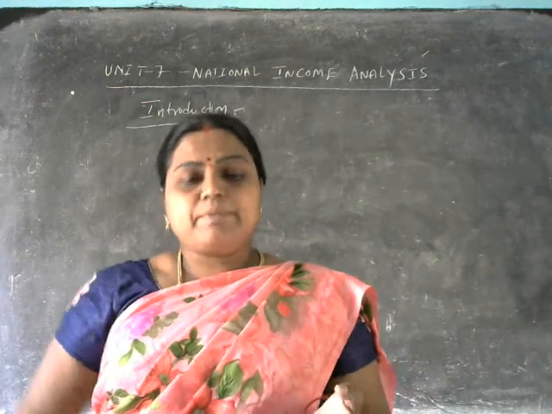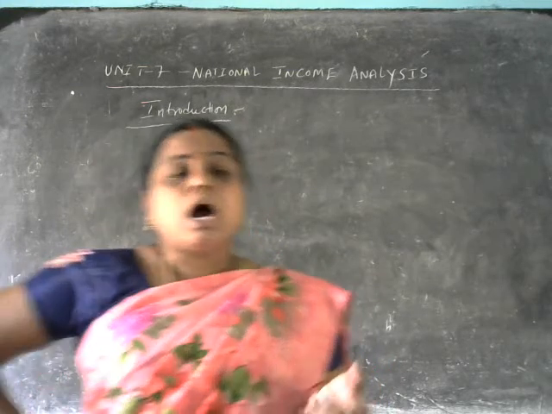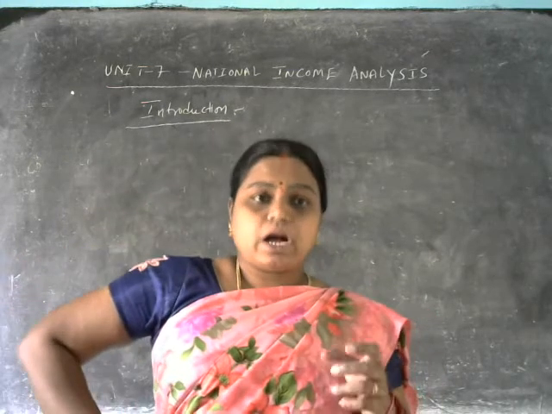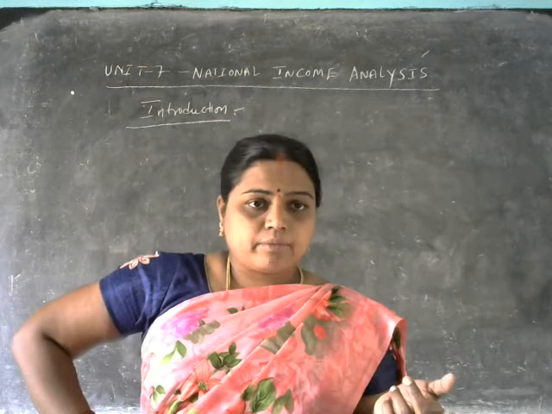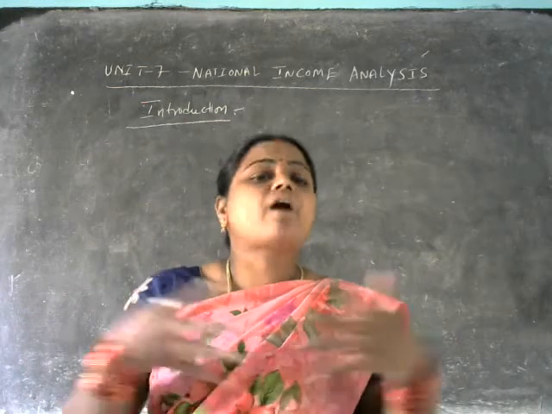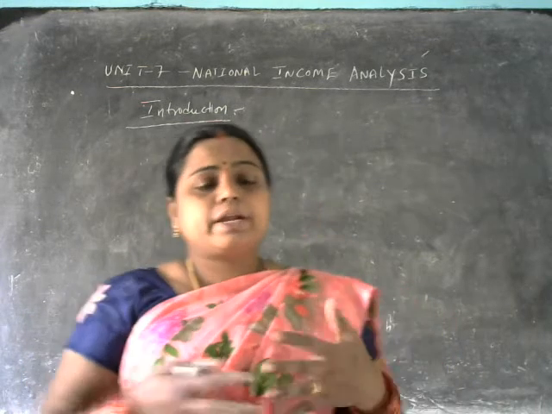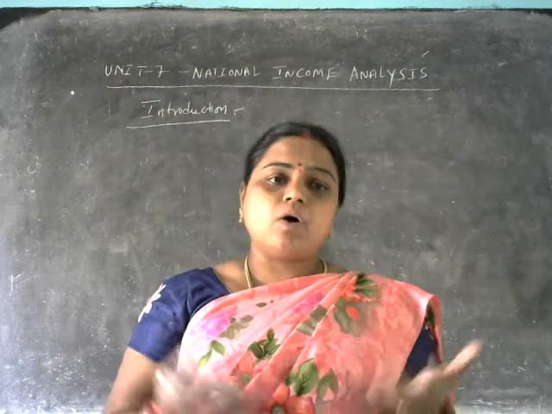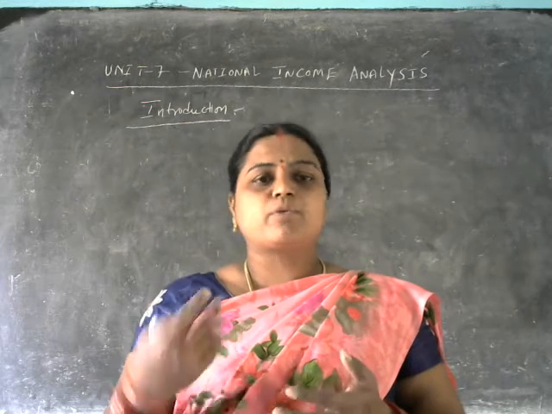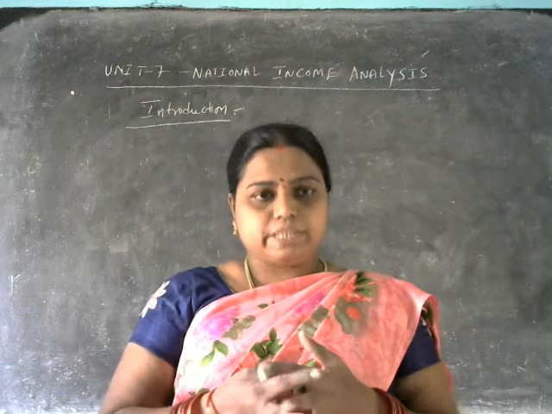National income analysis describes how we view the aggregate income of the economy. Aggregate means all together. It covers all sectors, all types of businesses or professions, whatever it may be, so the income earned in different ways.